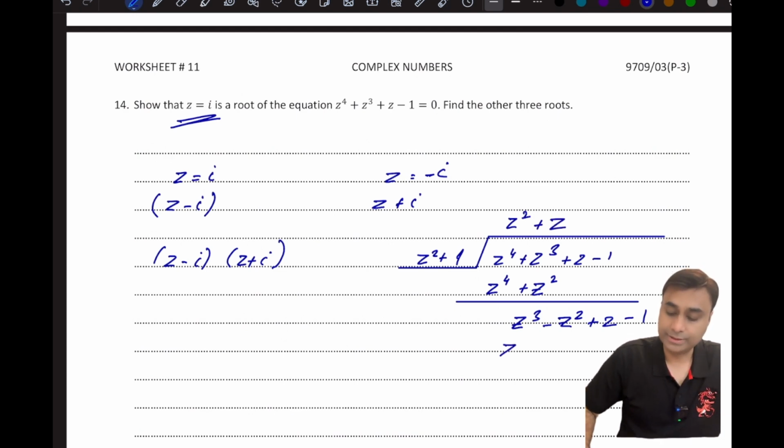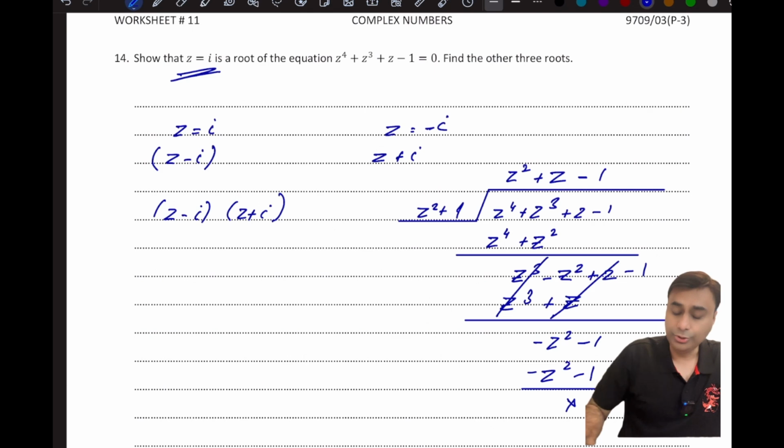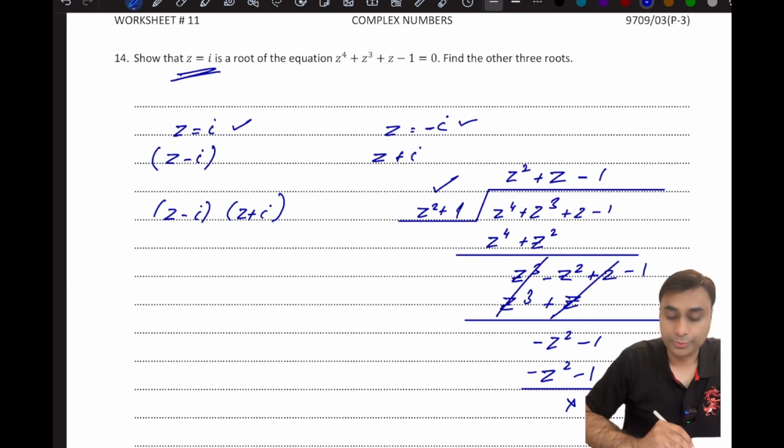So I get myself z cube plus z, and this also subtracts, and this cancels, I'm going to be left with minus z square minus 1, and then I'm going to multiply it with minus 1, and that will be minus z square minus 1. So I knew one of the quadratic factors was z square plus 1, and the roots because of that quadratic factor are iota and minus iota.